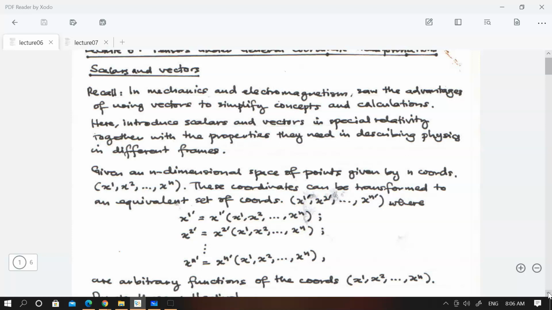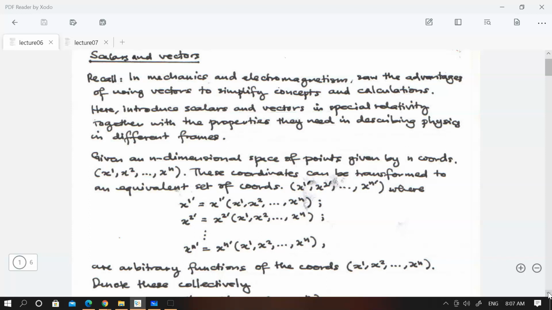We want to introduce these objects in the context that relativity allows you to go to different frames, but you're still describing the same physics. So we want to understand a little more why we do this.